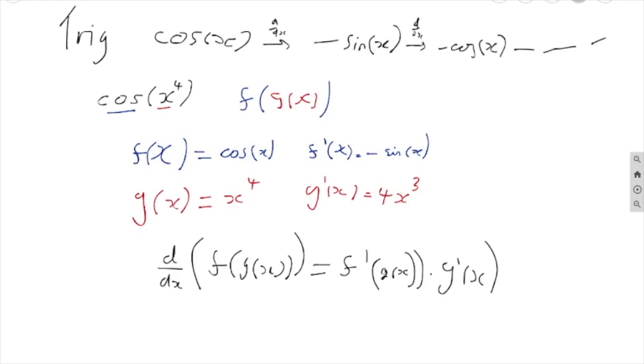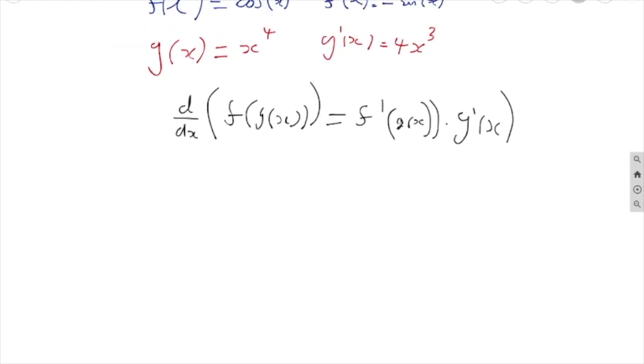So let's find it. f of x is cos x, f prime of x is minus sine x.